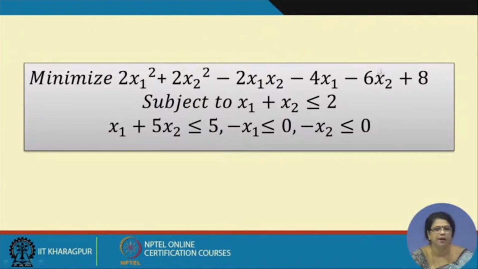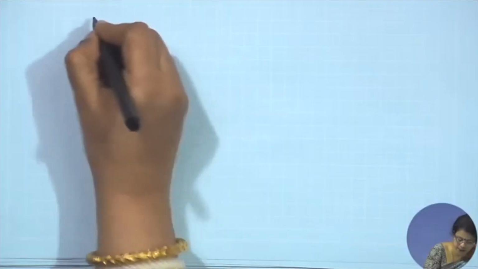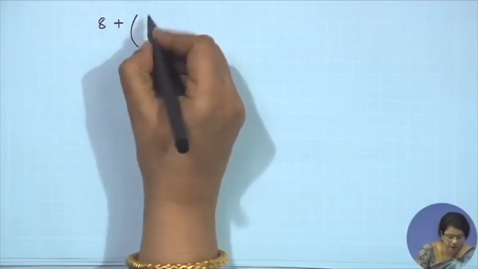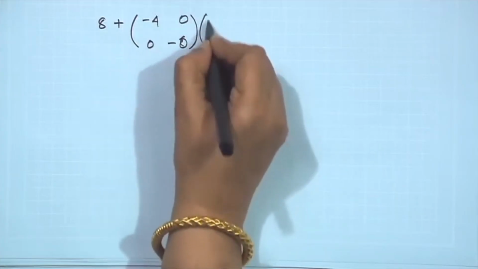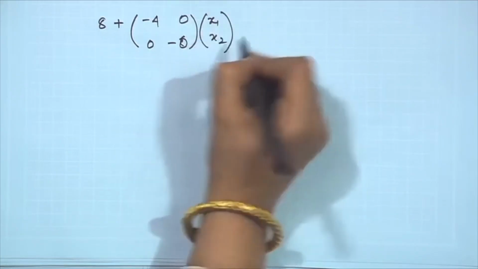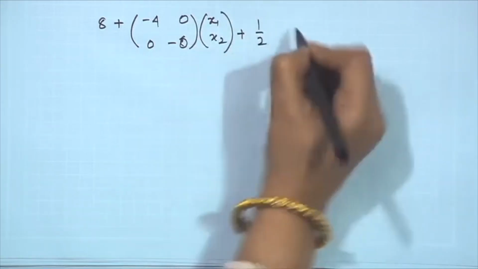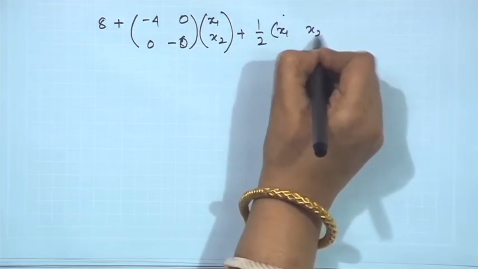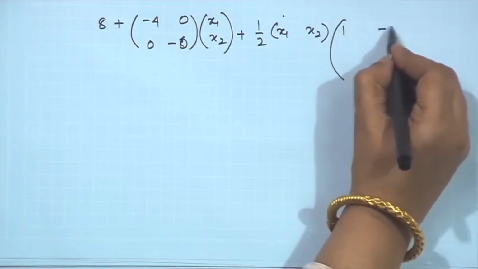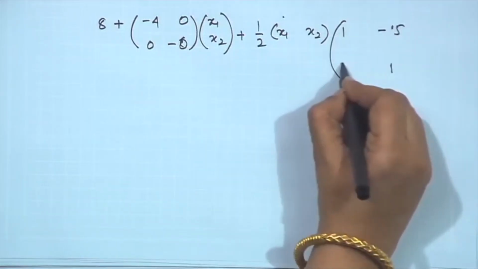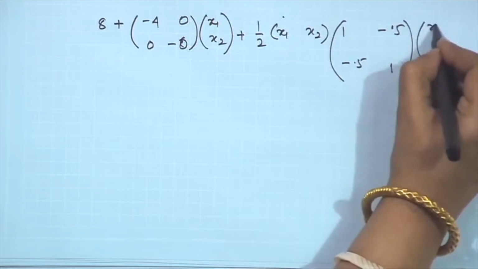I can write it in the form of c, that is 8, plus q^T, a simple matrix we can consider like minus 4, 0, 0, minus 6, 0, x1 x2, plus half x1 x2, and the matrix we can consider 1, 1, minus 0.5, minus 0.5, x1 x2.